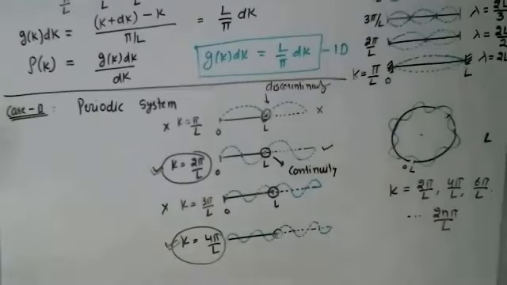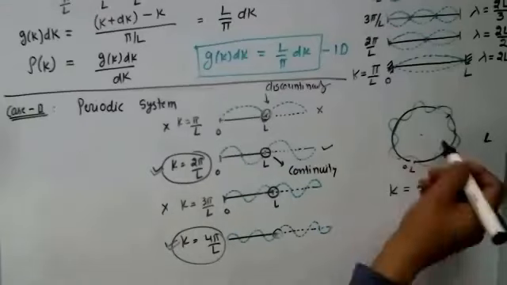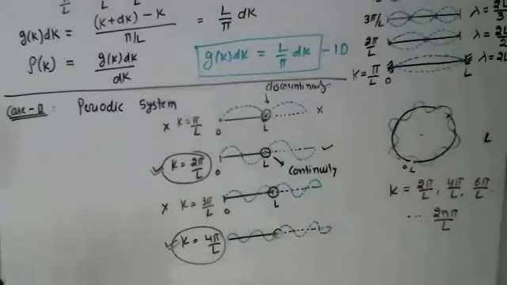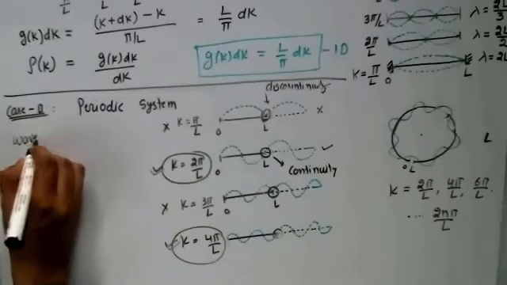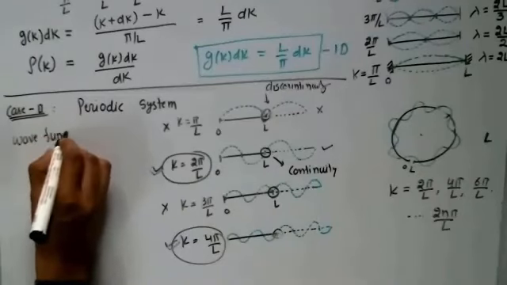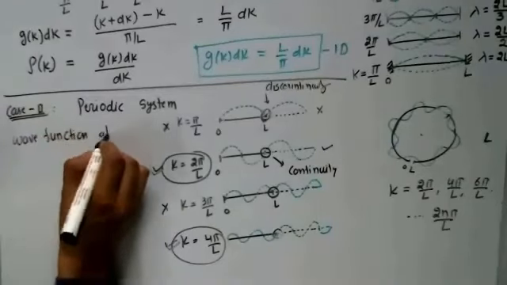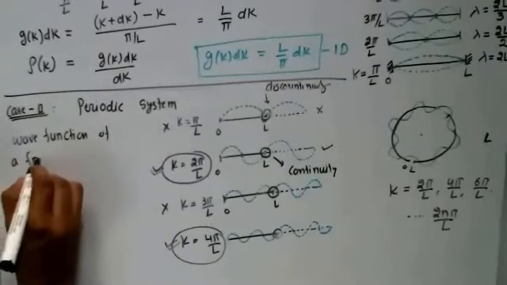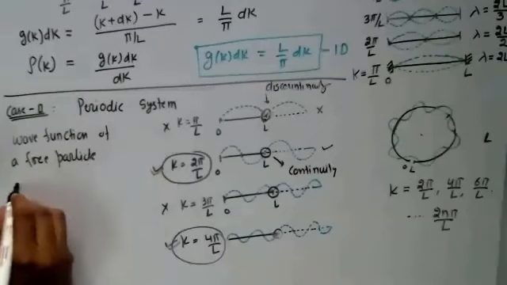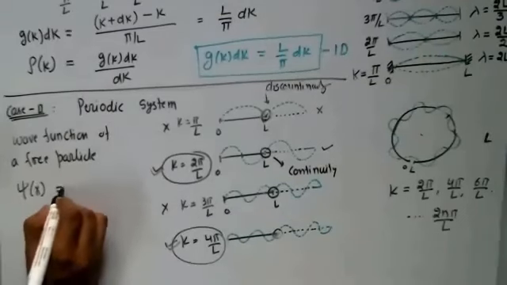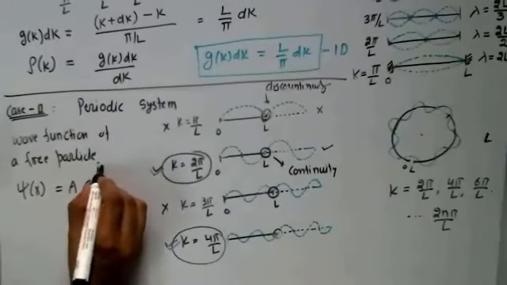Now इसी चीज को we can write mathematically also the same thing, because it's a periodic system. तो periodic system में and particle is a free particle, so the wave function, e power i kx, the wave function of free particle कैसे लिखते हैं? A e power i kx. Exactly, i kx. Very good.